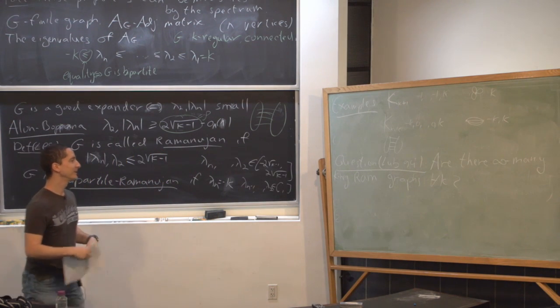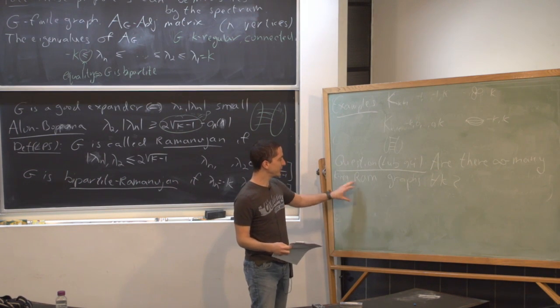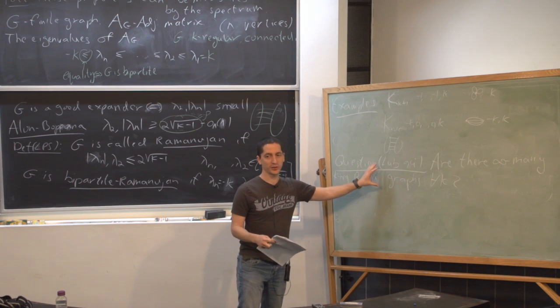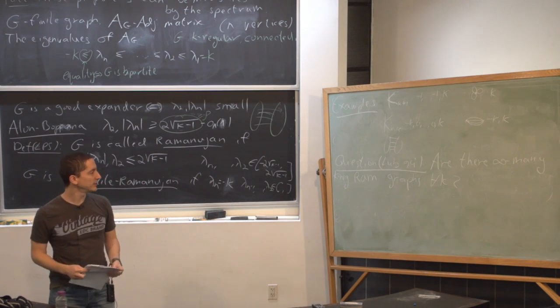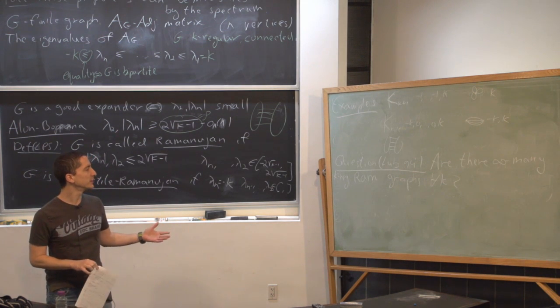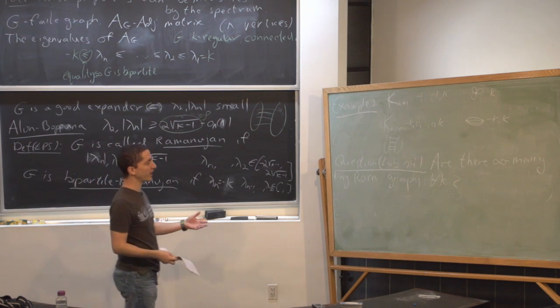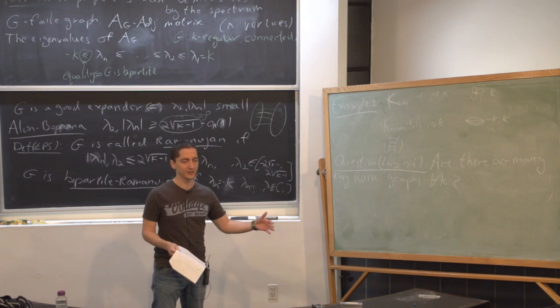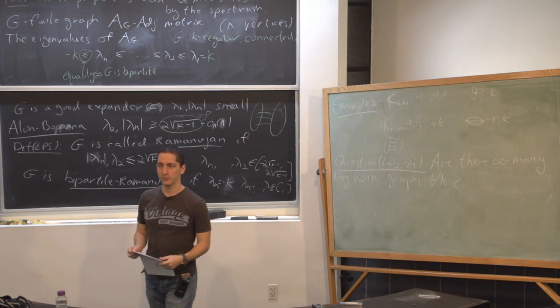I'm not obeying the rule I said. The generalization of this question to the non-regular case doesn't work as stated: there are counterexamples of families of graphs where there is no Ramanujan graph. But you can deal with these families with the right definition and still make this question make sense.